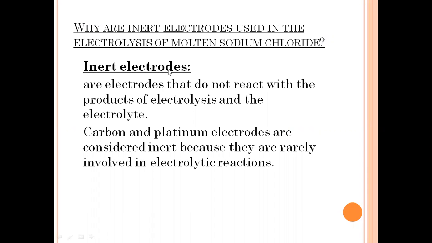The electrodes can react with the product and our desired product is not obtained. So inert electrodes are mostly preferable because inert electrodes never react with our product. Usually carbon and platinum electrodes are considered inert because they are rarely involved in electrolytic reactions.